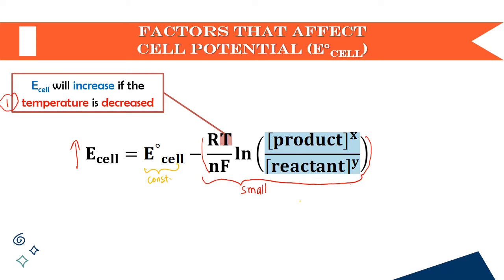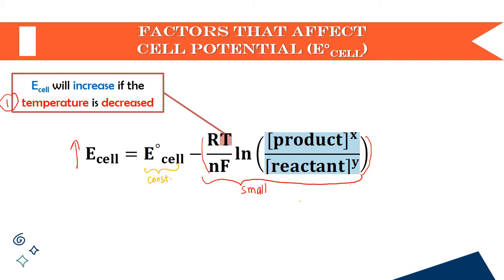Next, the second one is on the concentration over here. Since I want the total value over here to be small, what do I need to do?